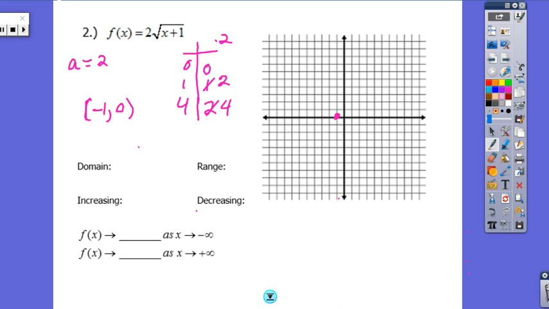All right, so we'll go right 1 up 2, right 4 up 4. And I might be able to fit 9, 3, which will become 6.